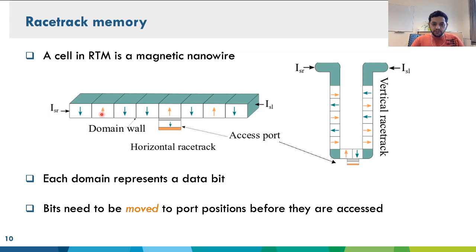This movement of domains inside the nanowire is costly because shifting takes time in the first place, and then because you're applying current, it takes energy. This is the challenging part of racetrack memory, which is what we actually want to address in this work.